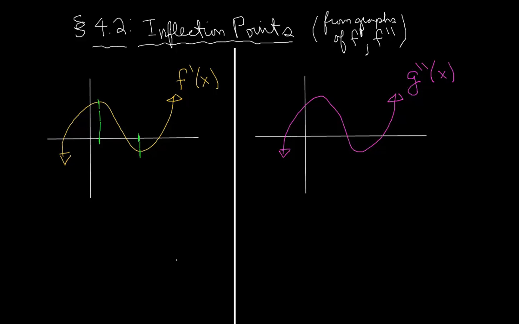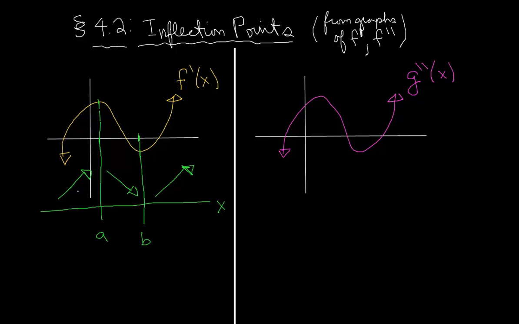So where's the concavity changing? Well, let's just draw these green lines all the way down. Let's call this point A. Let's call this point B. Here's the x-axis. I'm just projecting it down here, just redrawing it. The first derivative is increasing here, and then it decreases, and then it increases again.